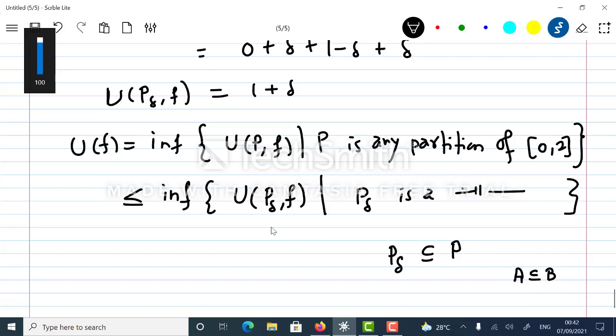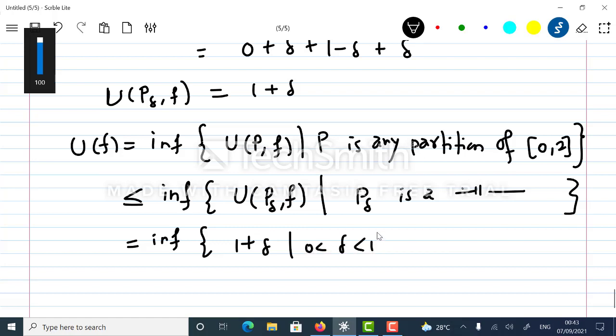So this way we have used the U P delta F and this infimum property, and this is equal to the infimum of U P delta F we have calculated as 1 plus delta such that delta is greater than 0 and less than 1. So for 1 plus delta with delta between 0 and 1, the greatest lower bound will be 1. So my UF is less than or equal to 1, I will say, right?